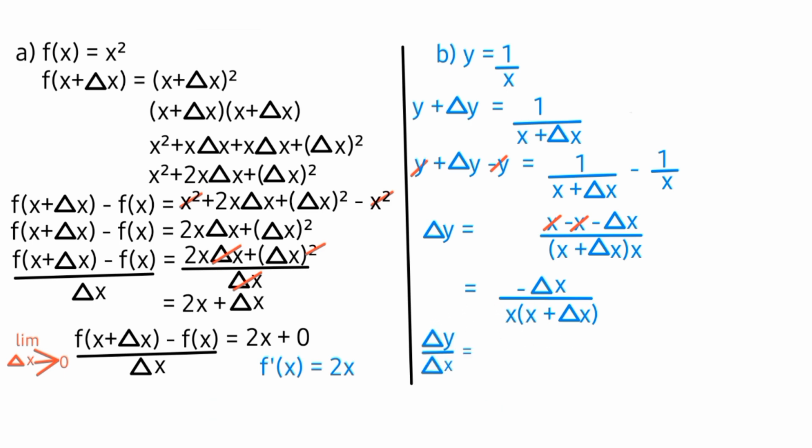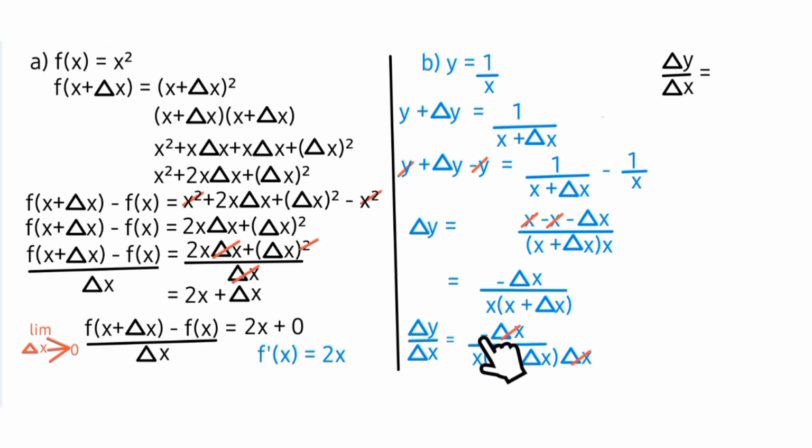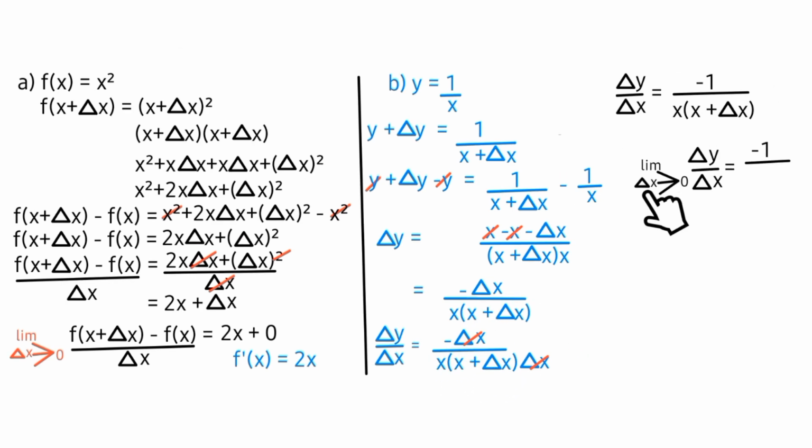So here we have changing y over changing x equal to minus changing x all over x plus changing x, times changing x. This changing x cancels changing x. So we have changing y over changing x equal, on the numerator level we are left with minus 1 over x plus changing x. We have to take the limit as changing x tends to 0.